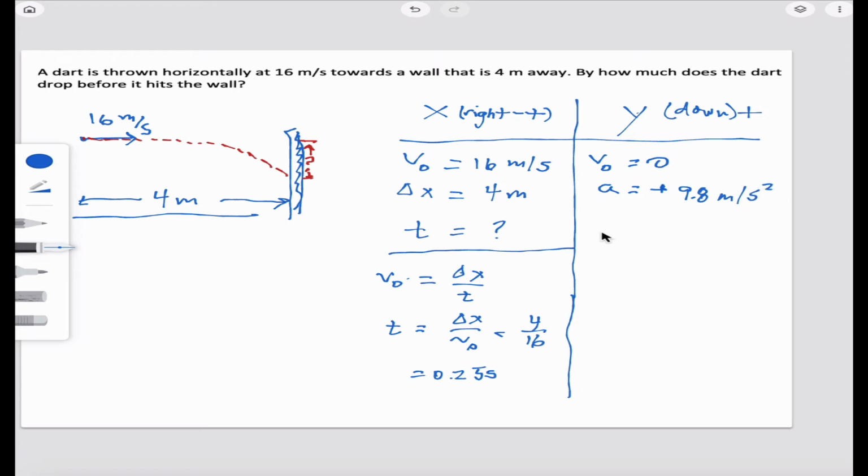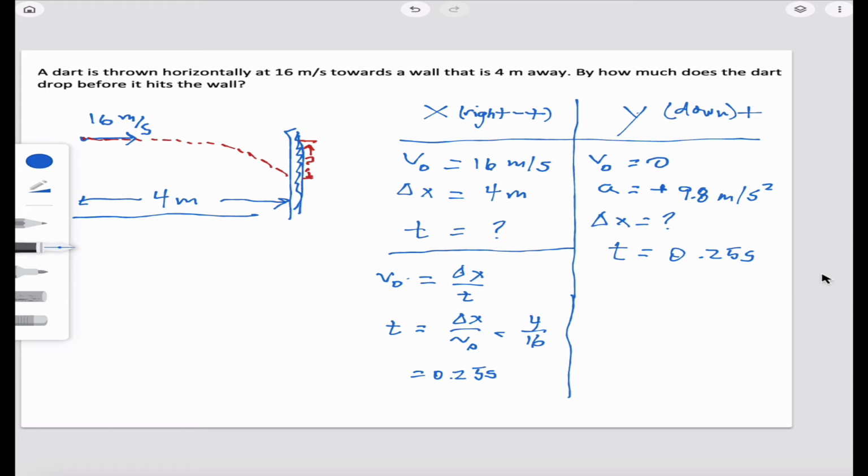And the displacement is what we want to know. But because it's going to stop moving horizontally and vertically at the same time, we've solved for time over on the horizontal side, but we can put that in our Y column as well. And now we have 3 variables and 1 unknown.